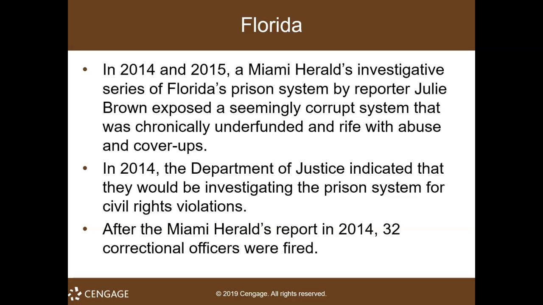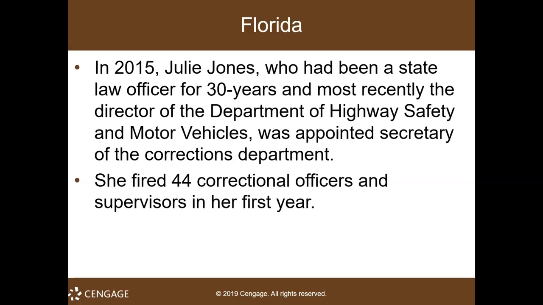And in 2014, the Department of Justice indicated that they would be investigating the prison system for civil rights violations. And after this Miami Herald report came out in 2014, 32 correctional officers were fired as a result. So you can see that this happens around the United States. It's not necessarily just California or any one place.